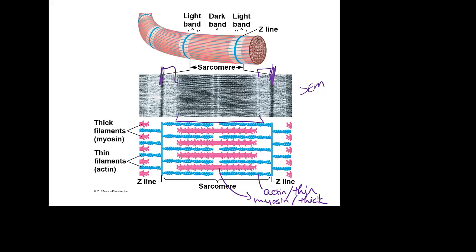And the whole job of muscle contraction is to make this distance, the distance between what we call the Z lines, decrease. The Z line distance decreases when muscles contract, and it increases when a muscle relaxes.